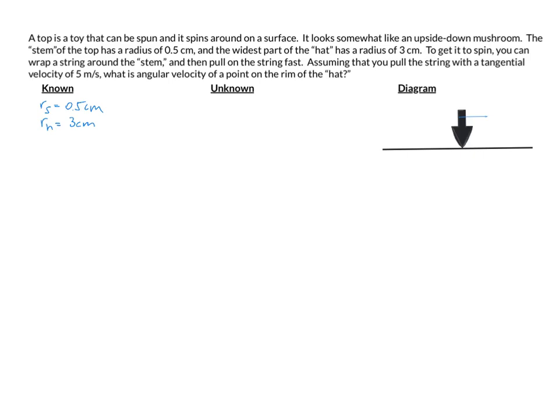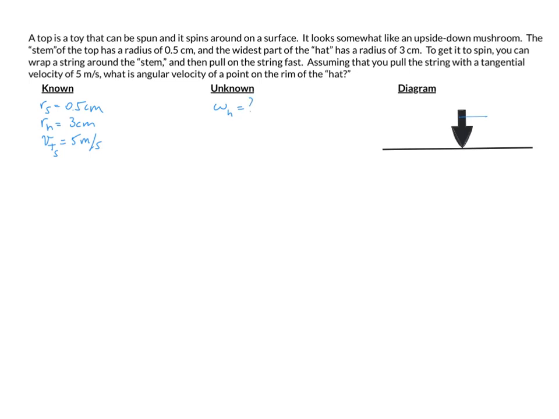To get it to spin, you wrap a string around the stem and yank on it with a tangential velocity, and the tangential velocity on the stem is 5 meters per second. And we're looking for the angular velocity of a point on the rim of the hat.